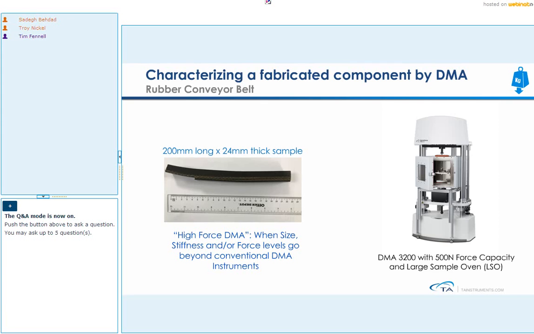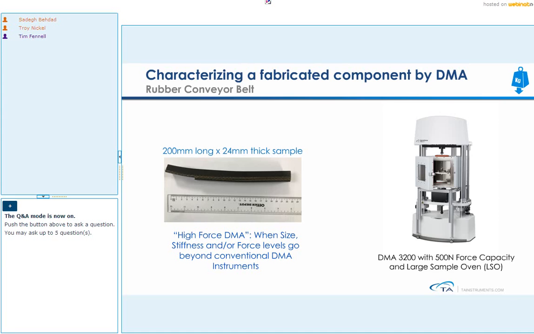And if we were to cut this sample, and they tried, you can see that on the left, the results won't be representative of your composite. That happens in a lot of cases where the size of the cell is such that your stiffness is going to be really high. And that would push you to high force DMA.